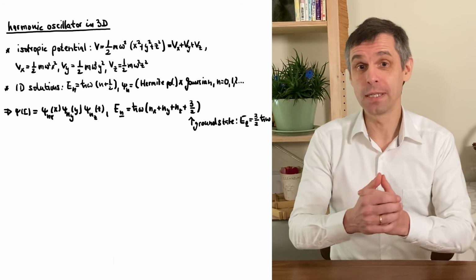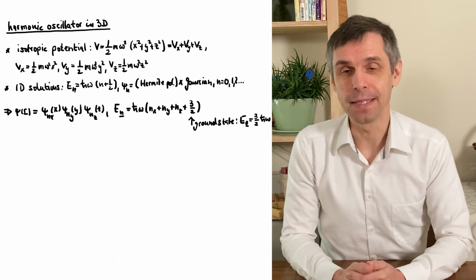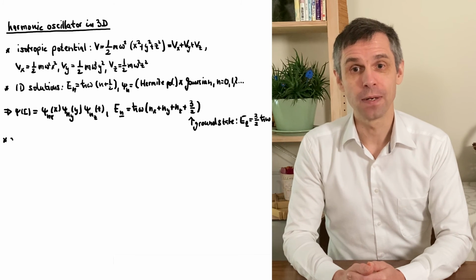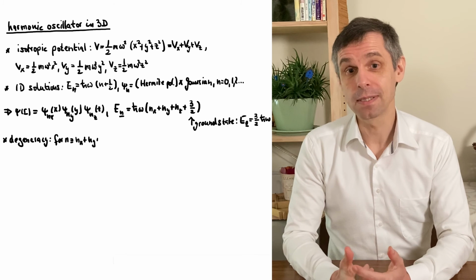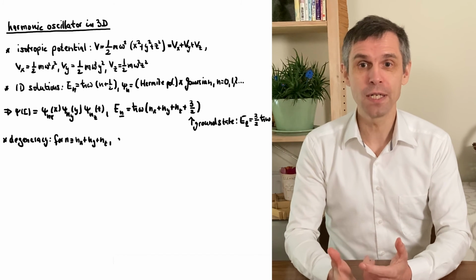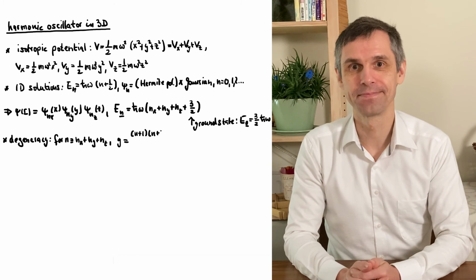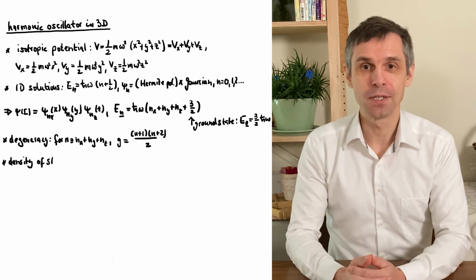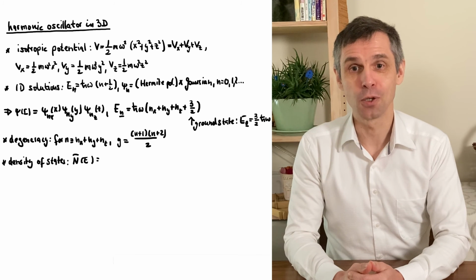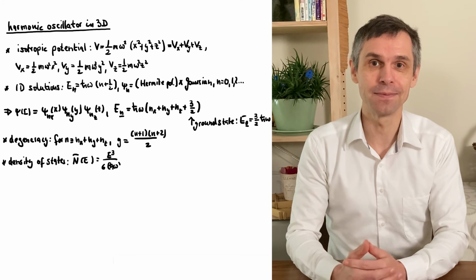Furthermore, the energy only depends on the sum of the quantum numbers, and so you can find different combinations giving the same energy. This results in a degeneracy factor g as given here. From the expression of the energy in terms of the quantum numbers, we can also work out the density of states as given here.